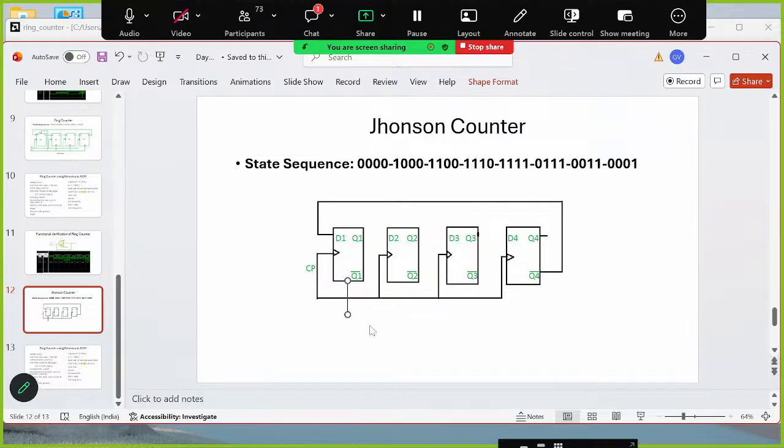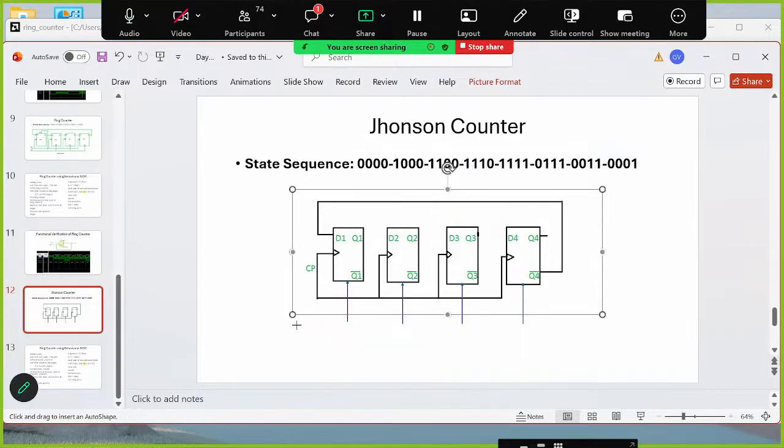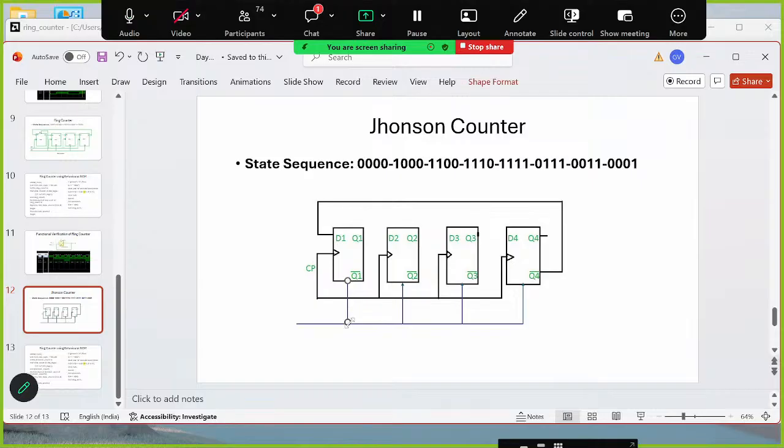We can insert one reset in it. Instead of preset, we are putting one reset in the design.